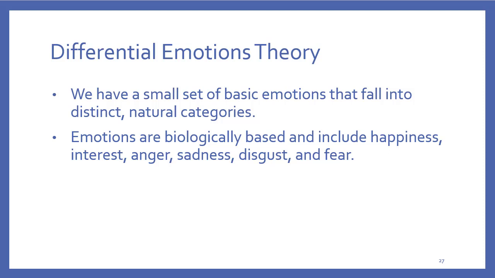Again, these are all theories, so it's not like any one of them explains everything, but they go a long way toward giving ideas about how emotions are qualified and put into different categories. The interesting thing about differential emotions theory is that Izard suggests that each of these is biologically or evolutionarily based, meaning that they serve purposes.